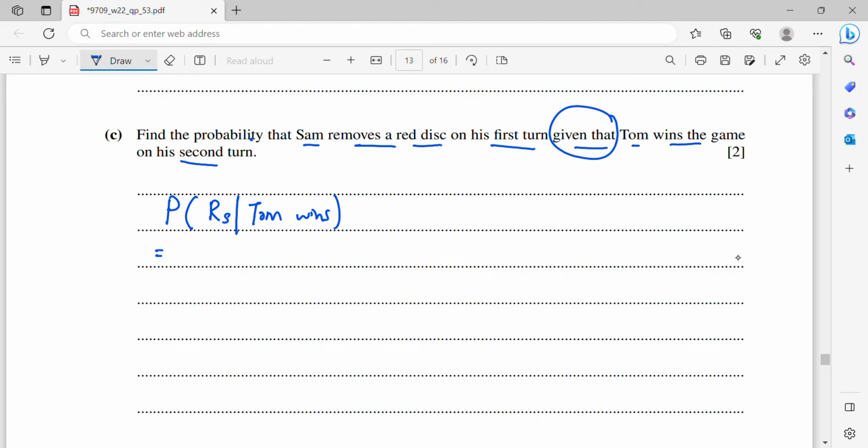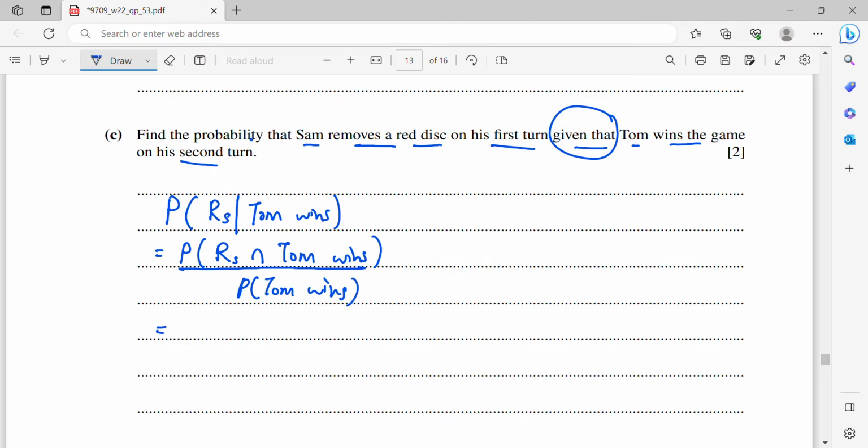Alright, so based on the definition of conditional probability, this is P(Sam red first and Tom wins) over P(Tom wins on his second turn).